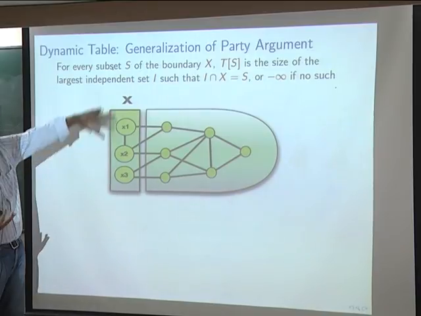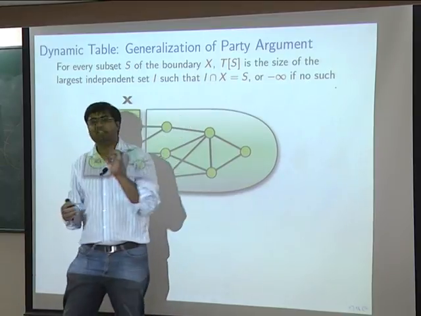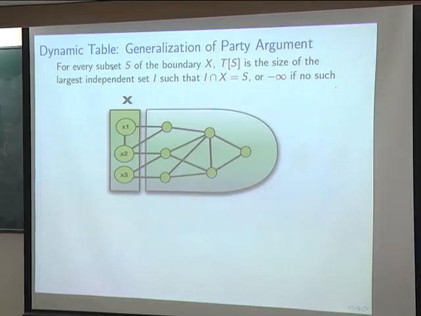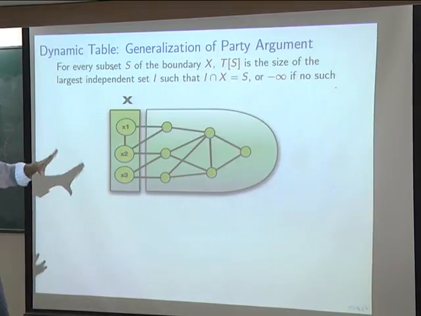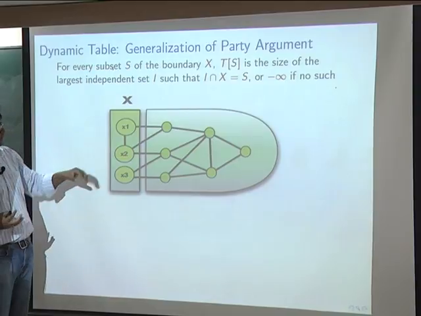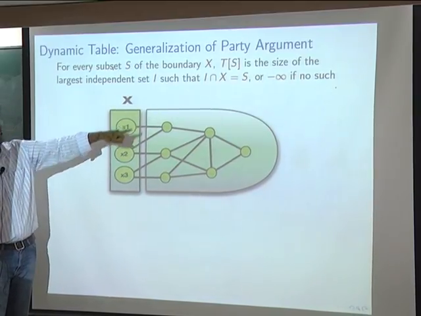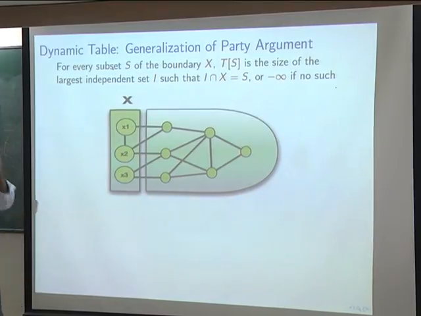Look at every subset here and we are going to store T of S. What is T of S going to store? It is the size of the largest independent set I such that I intersection with this boundary is exactly equal to S. It is possible that, for example, there is no independent set containing x1, x2 because there is an edge. In that case, I put minus infinity. So this is the table which we would like to fill.